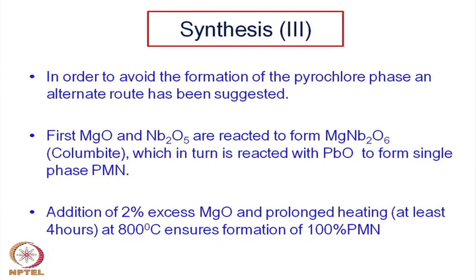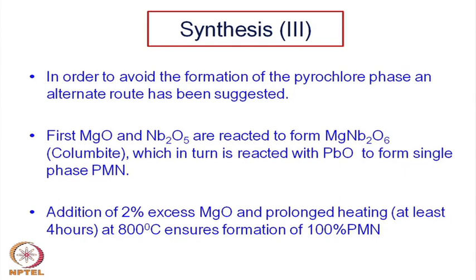Now, this pyrochlore phase of course is not a very accepted second phase. So we have to avoid the formation of the pyrochlore, or in the final phase it should not be present. To avoid the formation of the pyrochlore phase, an alternate route has also been suggested.